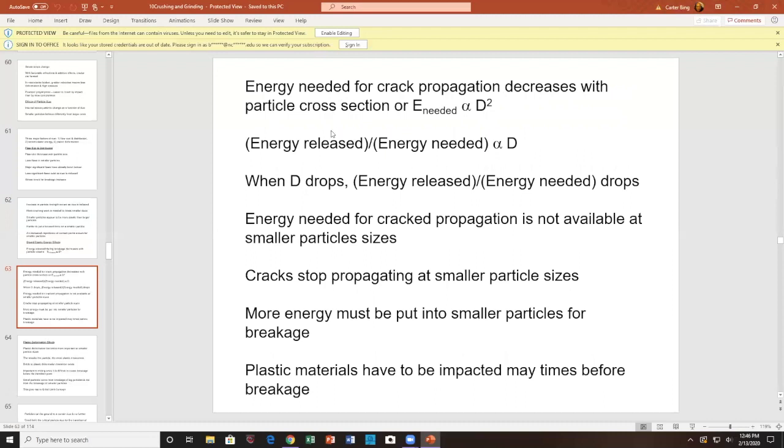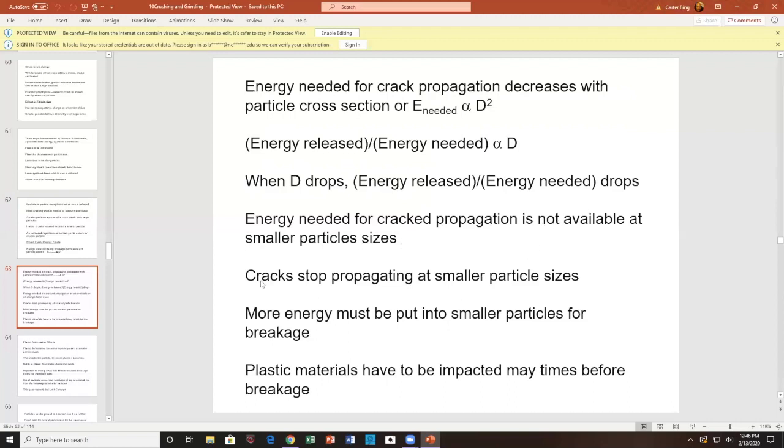Now, if I take a look at energy released divided by energy needed, it varies as d. So when d gets larger, this ratio becomes larger. However, when d becomes smaller or drops, energy released to energy needed drops. So energy needed for crack propagation is not available at the smaller sizes.